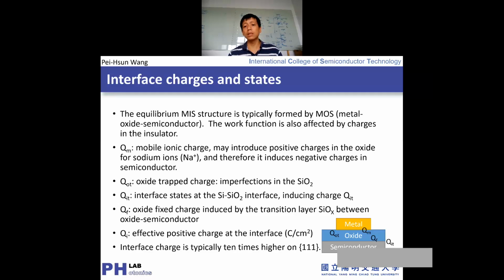Like in metal gate processes at Intel and TSMC, we have different metal layers. For instance, we have titanium oxide, we have hafnium oxide. By changing the metal work function, we can slightly adjust the threshold voltage, even with the same oxide and semiconductor.